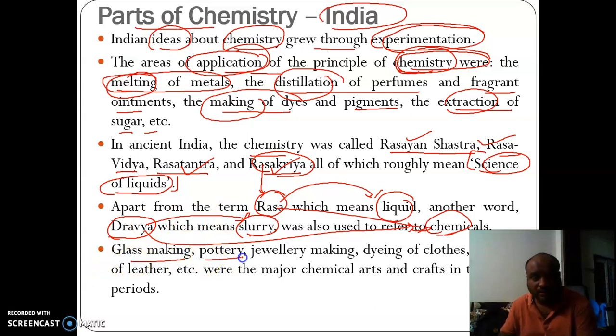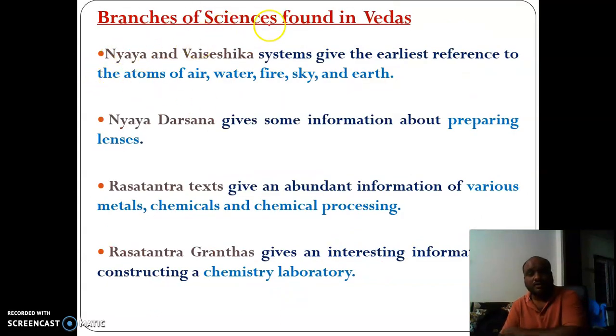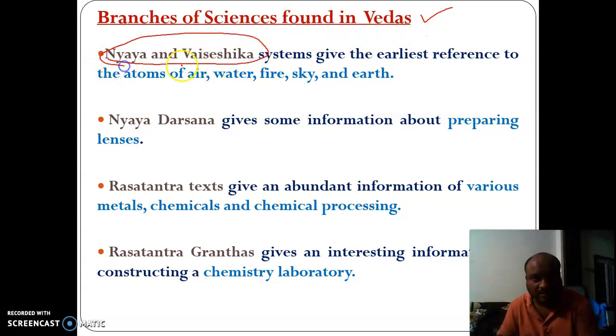Glass making, pottery, jewelry making, dyeing of clothes and tanning of leather were the major chemical arts and crafts in the early period. The branches of science found in the Vedas: the Nyaya Vaisheshika system gives details about atoms of air, water, fire, sky and earth.